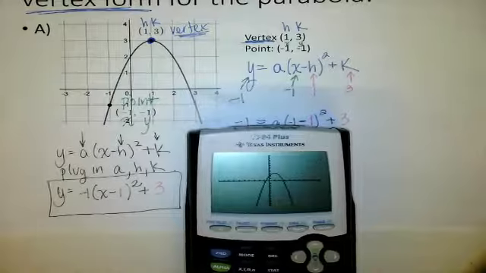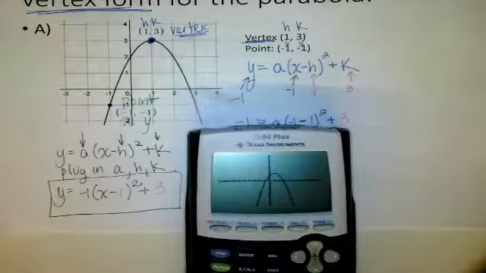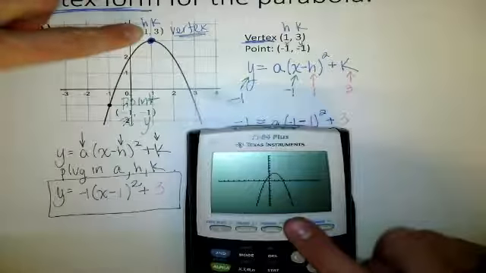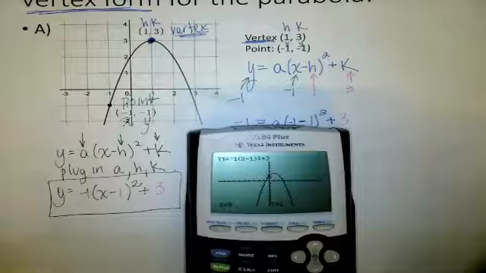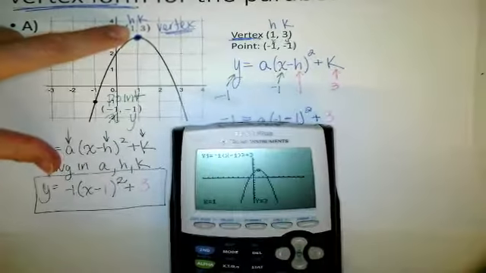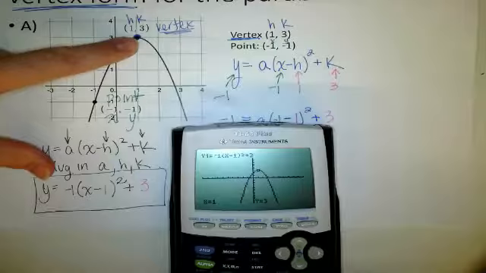The other thing that's super nice is you can check the ordered pair. So anytime you're given an ordered pair, you're going to use trace. You're going to press trace, and you're going to type in those x values. So type in 1 and hit enter, and it outputs a 3. And it's right there at the vertex, which is very cool.